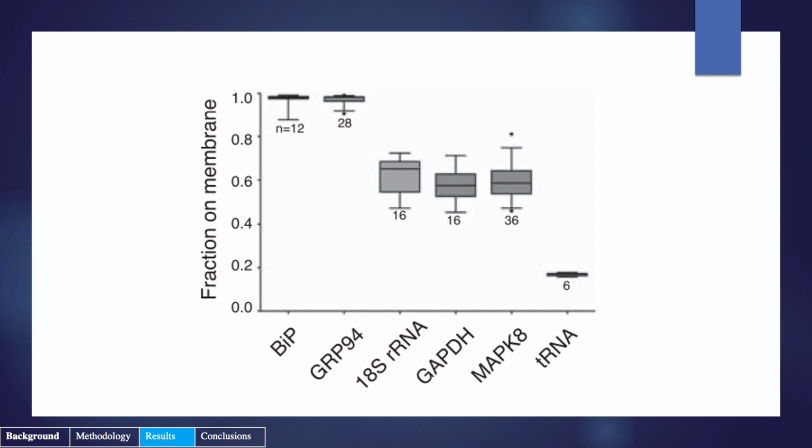So this next figure is a box whisker plot of RNA samples that were analyzed by qRT-PCR, and as you can see, basically this represents that various mRNAs, including cytosolic mRNAs, are on the endoplasmic reticulum, is what is shown through this graph.